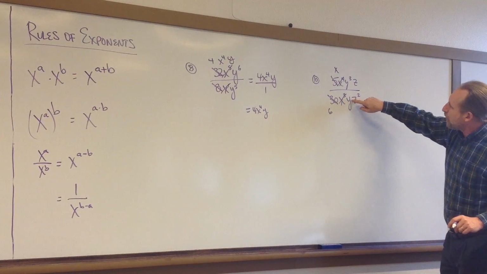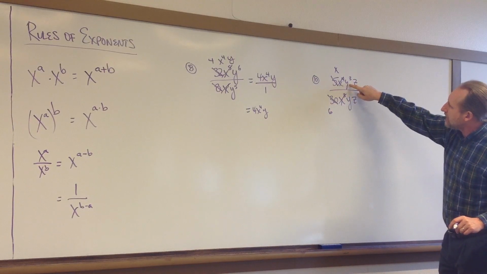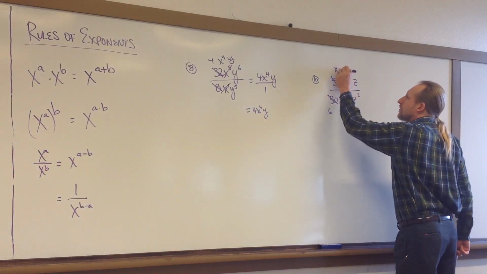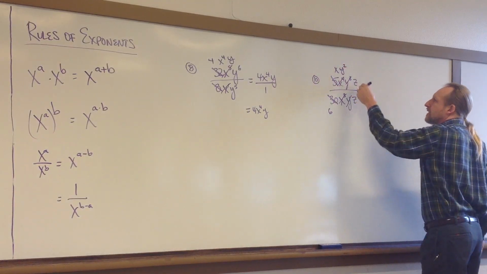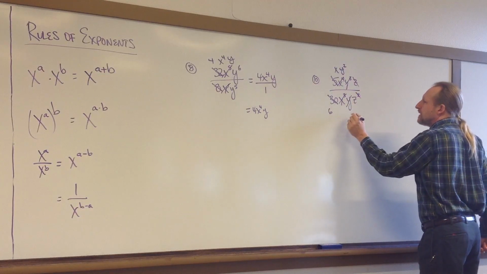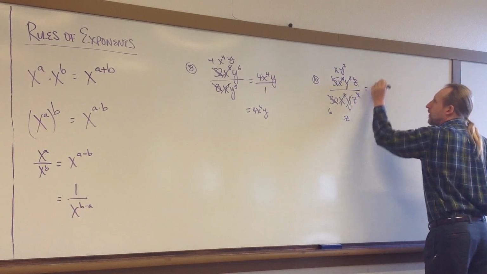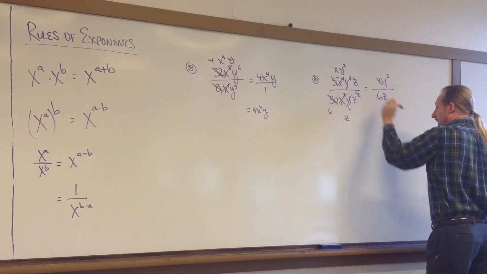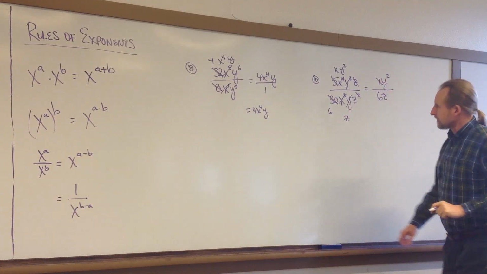Similar thing here, this y will cancel out 1 y here and leave 2, right? Y squared. And here this z cancels out one of these and leaves us with z to the first power. So on top we have xy squared, on the bottom 6z.